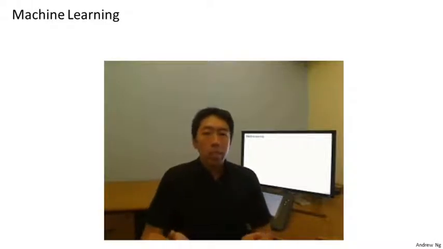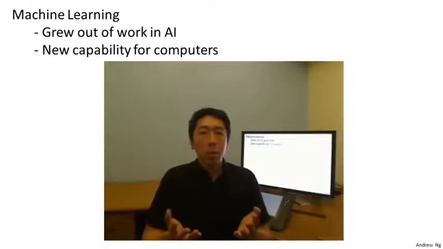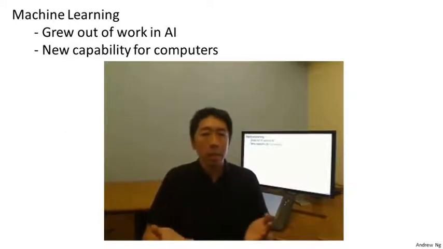So why is machine learning so prevalent today? It turns out that machine learning is a field that had grown out of the field of AI, or artificial intelligence. We wanted to build intelligent machines, and it turns out that there are a few basic things that we could program a machine to do, such as how to find the shortest path from A to B. But for the most part, we just did not know how to write AI programs to do the more interesting things, such as web search or photo tagging or email anti-spam.